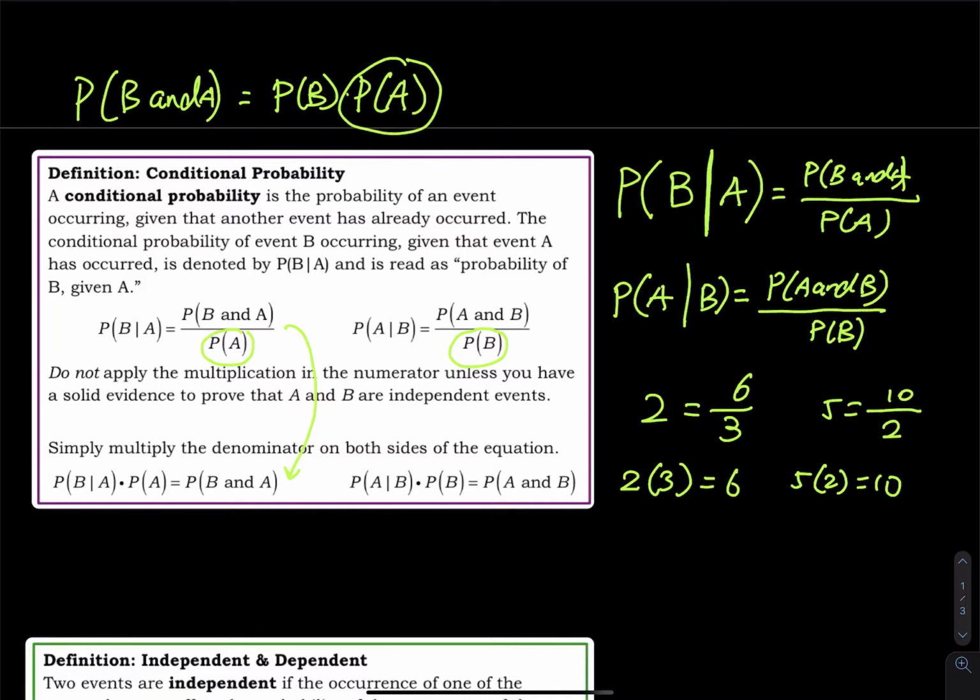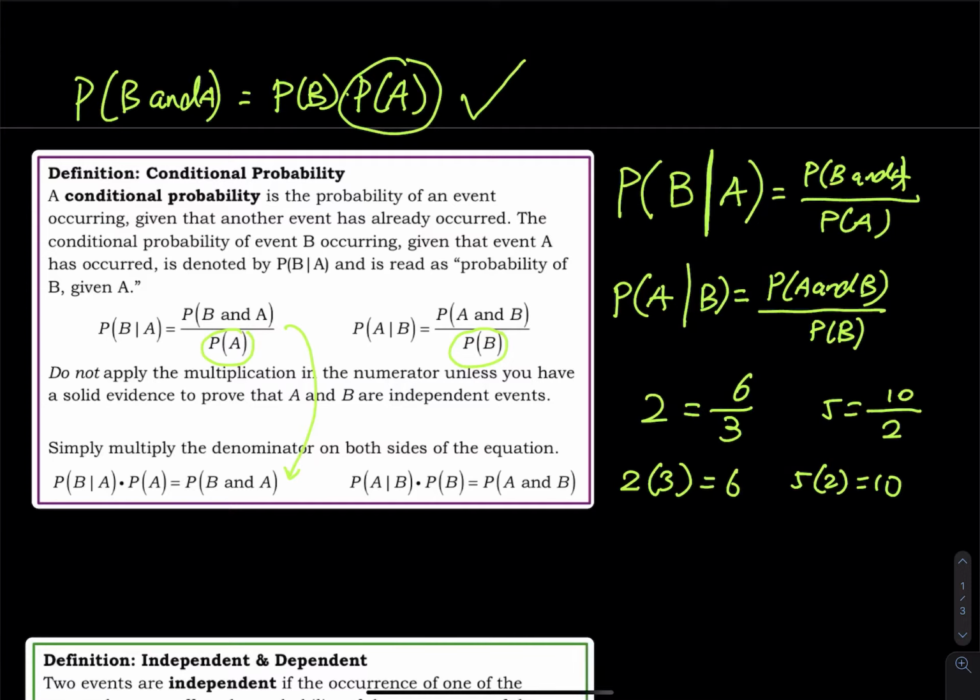So let me tell you why. You can only do this if you have solid evidence to prove that A and B are independent. In order to write the intersection as a product, you must show that they are independent. You need evidence.